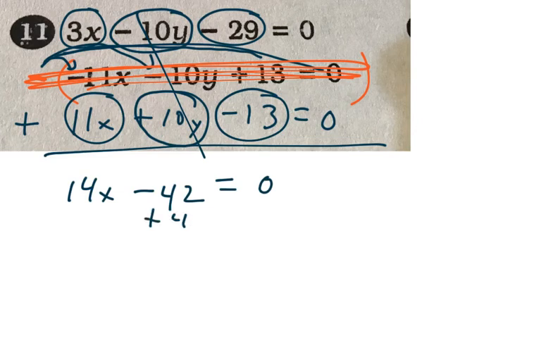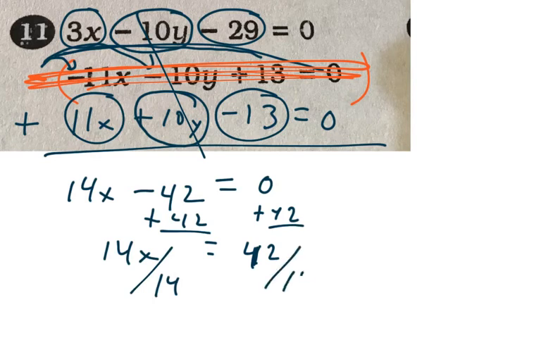I'm going to add 42 to solve for x. So 14x equals 42. And when I divide by 14, x equals 3. And remember, I'm not done until I plug the 3 in to find the y.